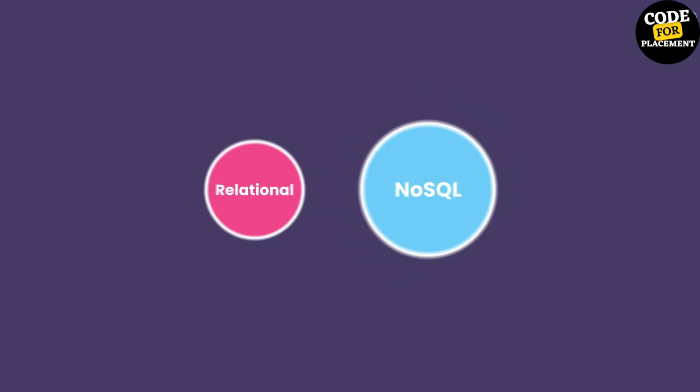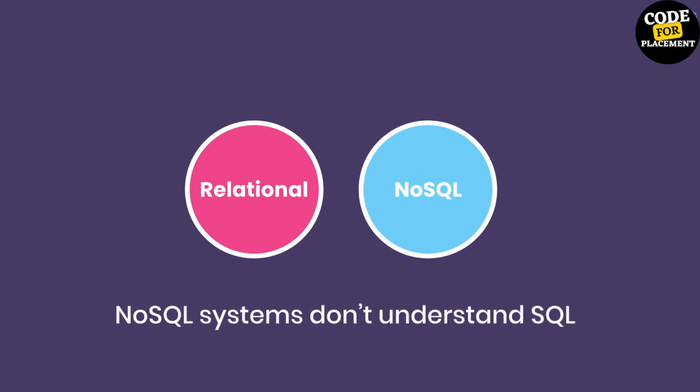NoSQL does not understand SQL, and they have a different language to work on non-relational databases. In this particular course we are only talking about relational databases, and that is SQL.